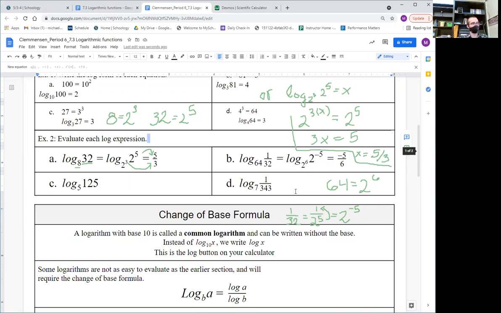Are there any questions on how I got B? Like how did I get 2 to the negative 5th? How did I get anything else? So 1 over 32, we can rewrite as 1 over 2 to the 5th.